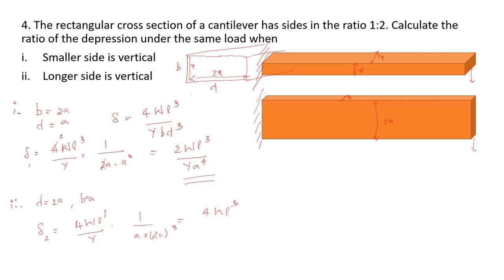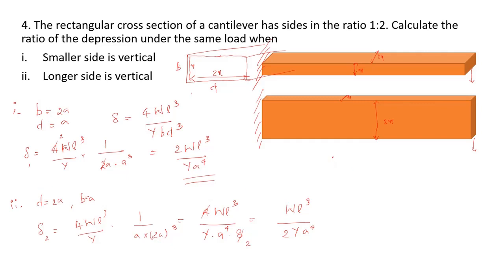Here a into a cube becomes a to the power 4 and 2 cube becomes 8. We can cut this off to 2, and the answer will be w L cube divided by 2 y a to the power 4. So we have answers for delta 1 as well as delta 2.